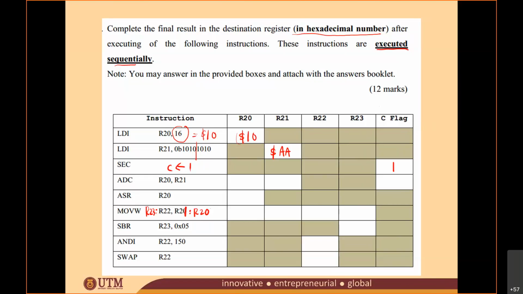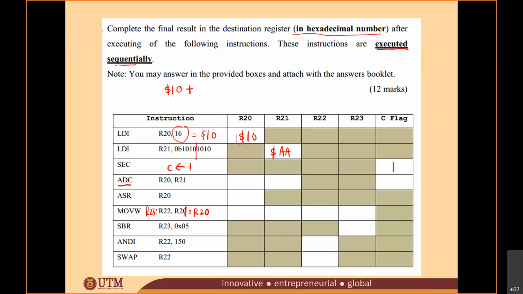Okay, next we have ADC R20, R21. What does the ADC do? ADC stands for add with carry. So you need to add R20 plus R21. What is the value of R20? 10.